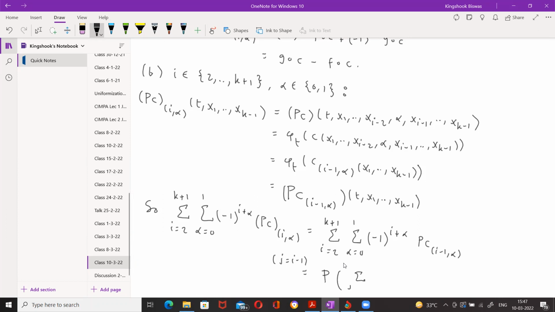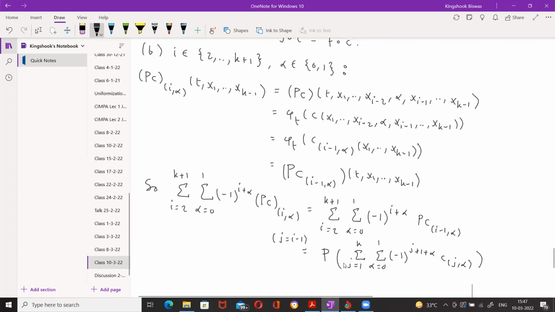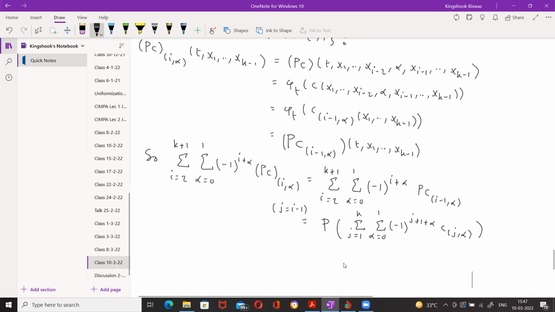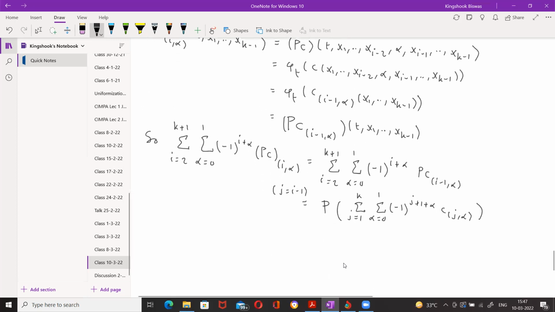This becomes P of the sum j goes from 1 to k, alpha goes from 0 to 1, minus 1 to the j plus 1 plus alpha, and then I get C of j alpha. What is inside is nothing but the boundary of C, and there's an extra minus 1 here, so I get a minus sign coming out. I get minus P of boundary C. Is this clear?